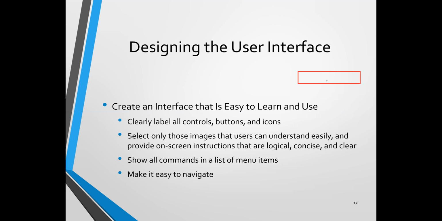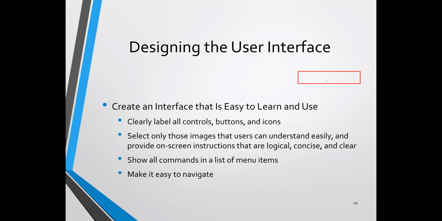Select only those images that users can understand easily and provide on-screen instructions that are logical, concise, and clear. Sometimes some of the icons or images used in software to represent a button, we don't know what that icon means, because we have never seen it before.